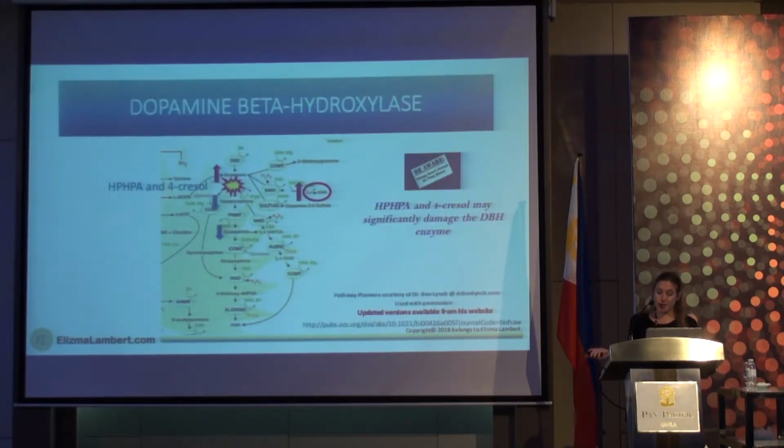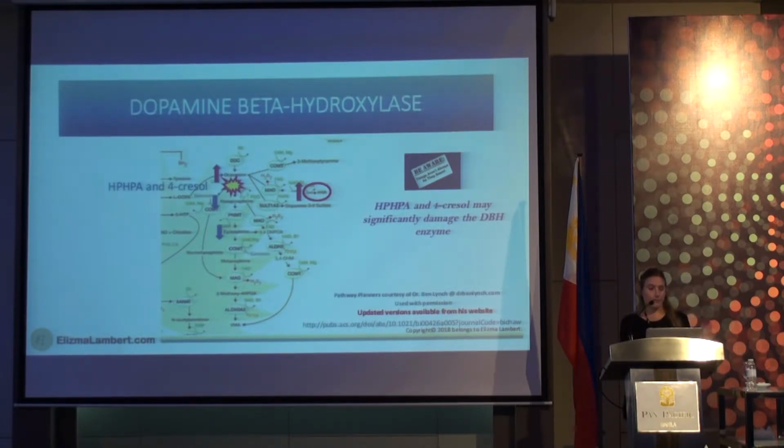This is on one of Dr. Ben Lynch's pathway planners. It looks very complicated. But if we look at the neurological effects of the Clostridia metabolites, then HPHPA and 4-cresol can both damage this dopamine beta-hydroxylase enzyme, which is right there.